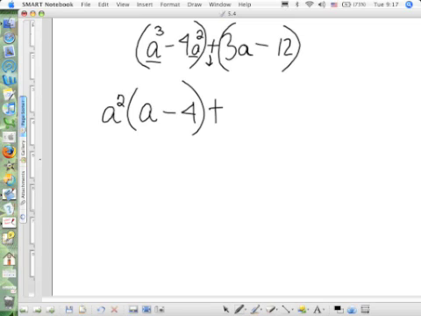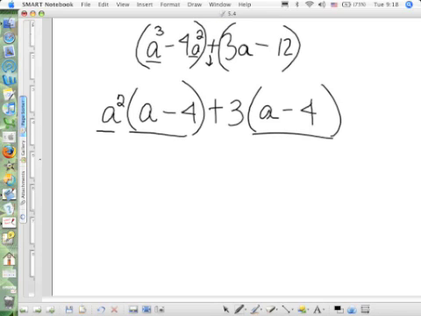In the second group of parentheses, what do those things have in common? 3. Well, if I factor out a 3, what am I left with? A minus 4. Now, I just said our goal in grouping is that when we factor, we get the same expression. Do you see where we both have a minus 4? Now, look. A term is a single number or a product of things. This is still 2 terms.